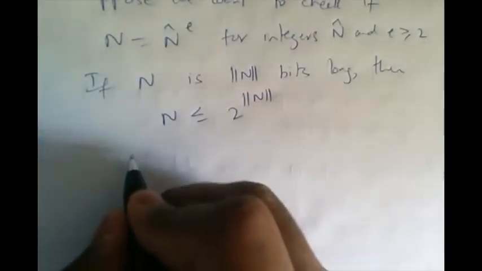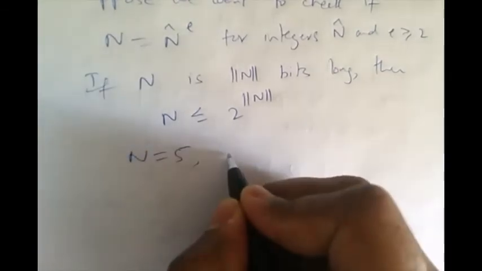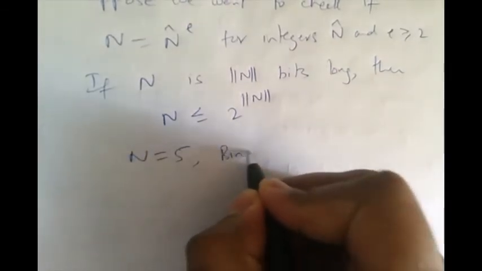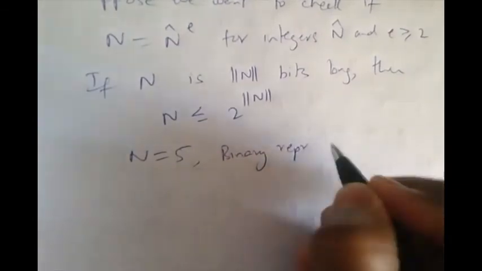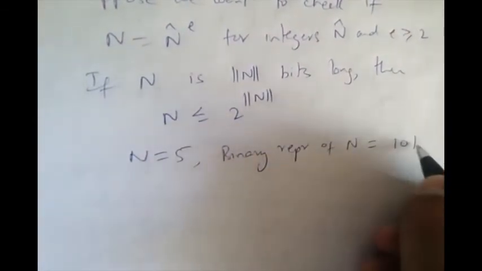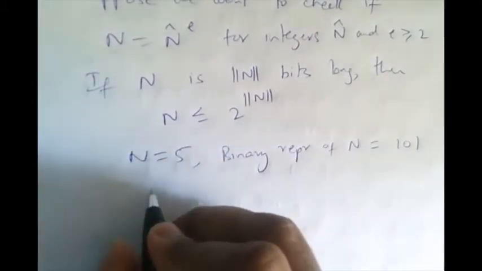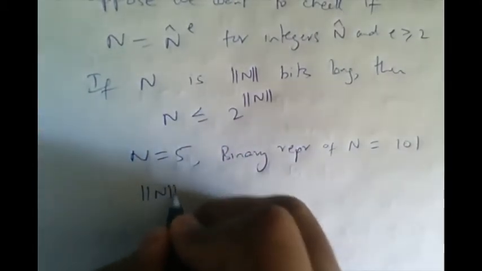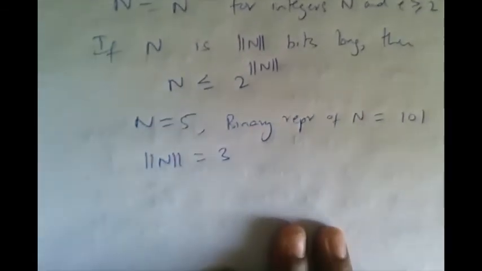So for example, suppose n is 5, then the binary representation of n is 101, right? 4 plus 1 is 5. And the number of bits in n is 3. The description of n is 3.